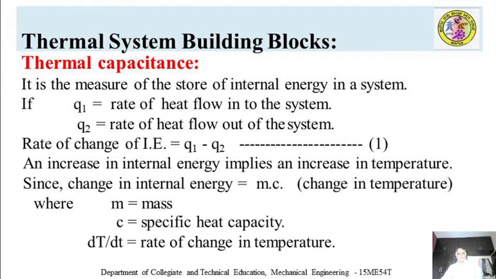Since change in internal energy equals mass into specific heat into change in temperature, where M is mass and C is specific heat capacity, and change in temperature is dT.